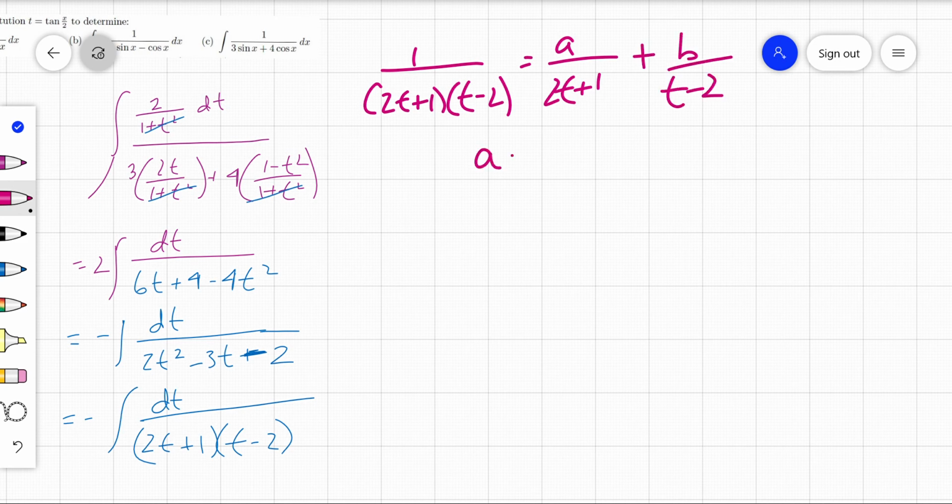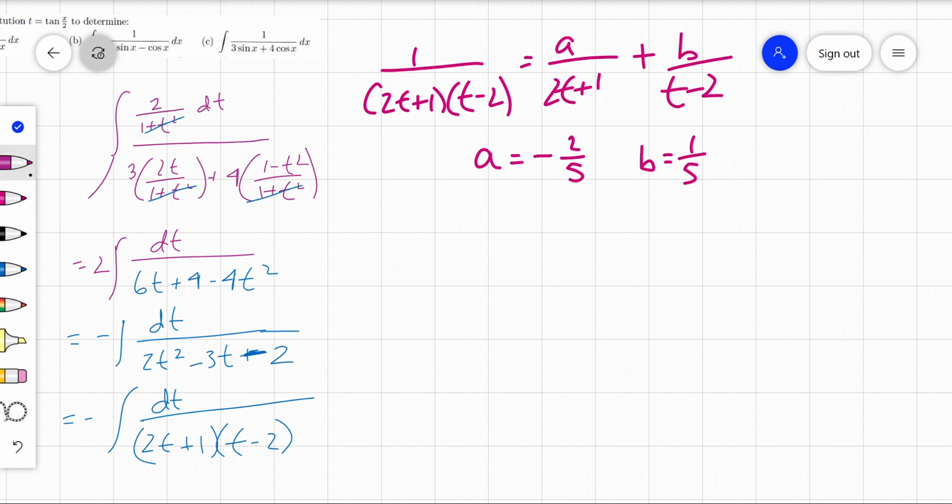Sorry about my writing. If we do the cover up method, we cover up 2t plus 1 to find A and sub in negative a half, so we're going to have 1 on negative 2.5, which is negative 2/5 if I turn it upside down. And cover up method for B, I'm going to cover up t minus 2 and sub 2 in, so 1 on 5. There we go.